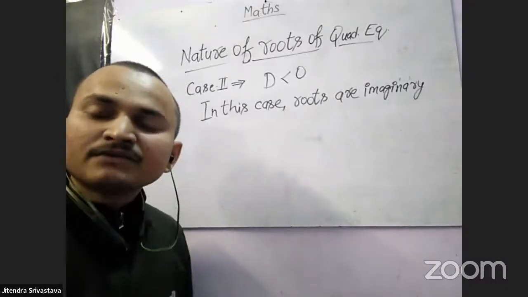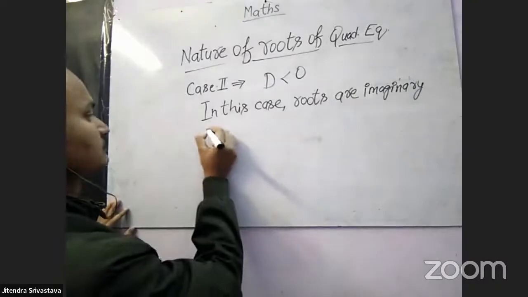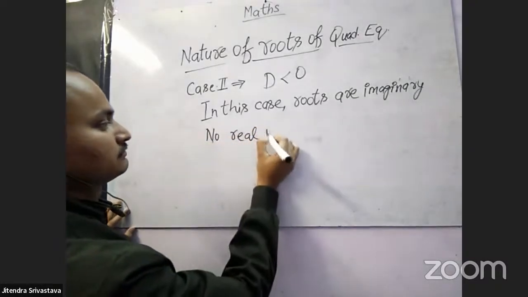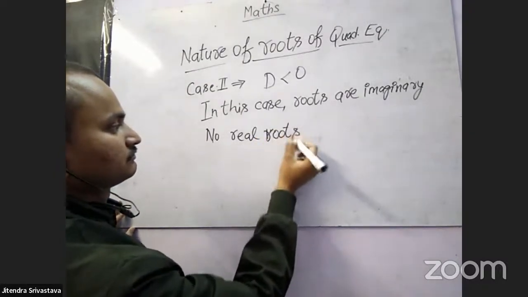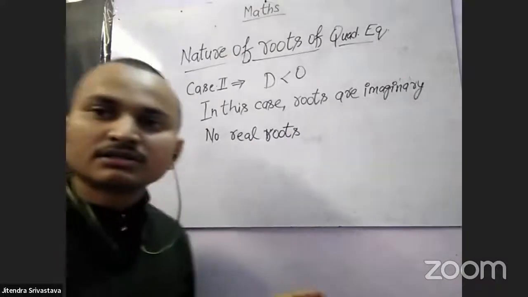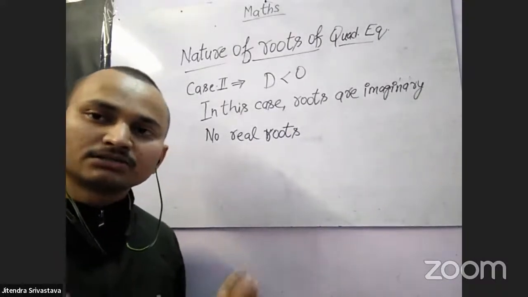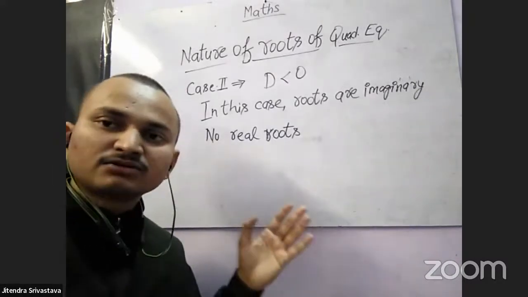And we can say it has no real roots. So if no real roots, then there will be no formula to find out alpha or beta. I hope you understand these cases, and we can make a chart also for this.